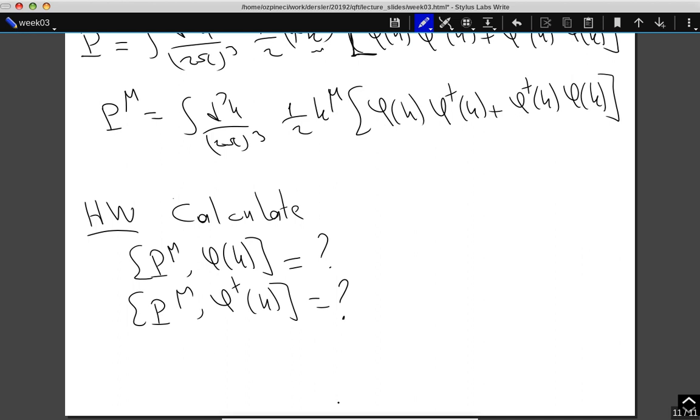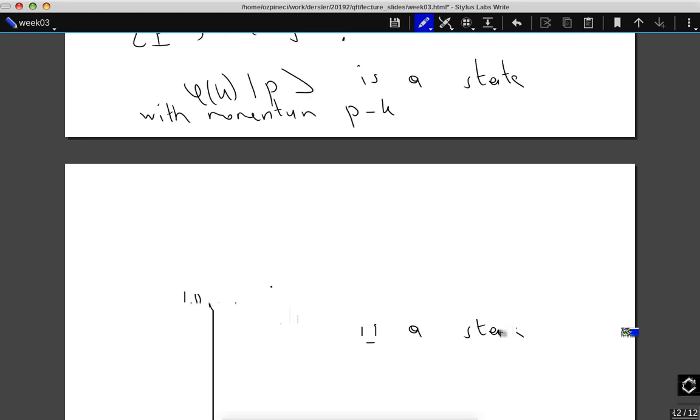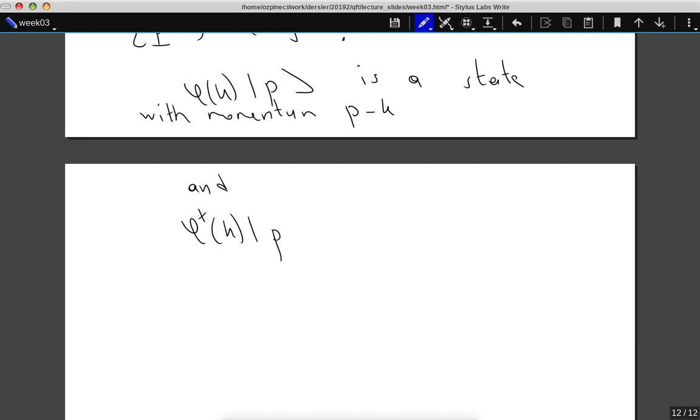And what we will see eventually, I mean, we already have seen it in the case of the Hamiltonian, phi k acting on a state with some momentum p is a state with momentum p minus k, and phi dagger of k acting on p gives a state with momentum p plus k.